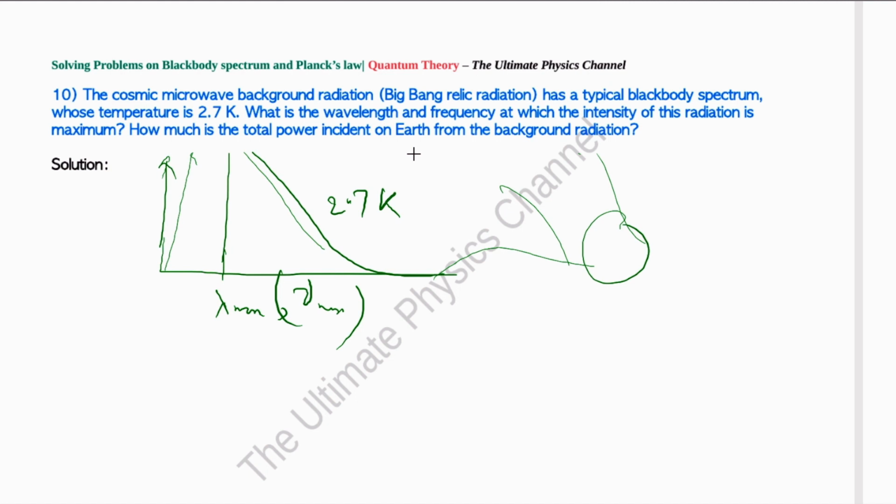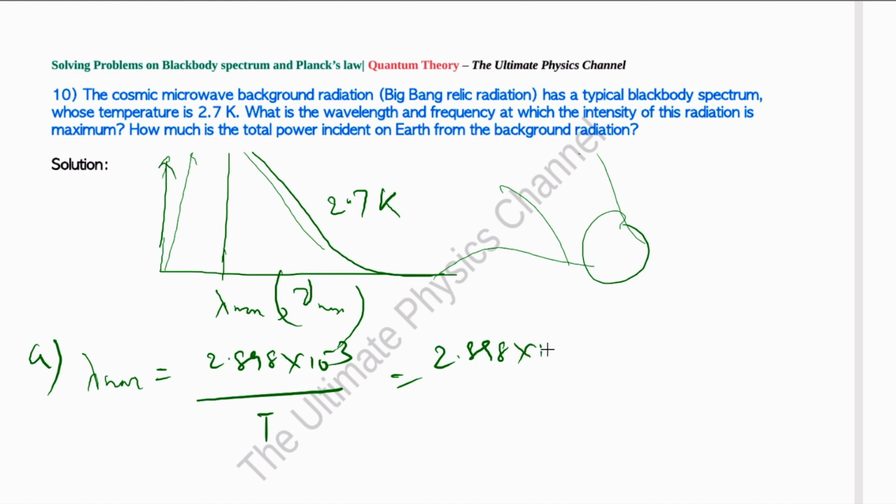right? So the first part, that is what is the wavelength and frequency, is a mere application of the Wien's displacement law. So there we have lambda max, let's say, as 2.898 into 10 power minus 3 over the temperature T, which is here 2.7 Kelvin.